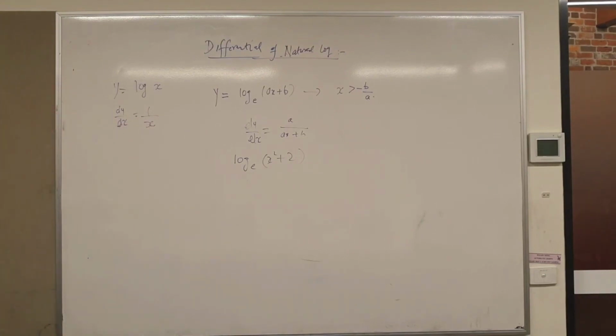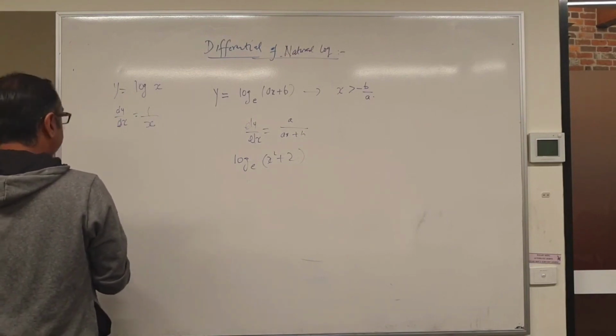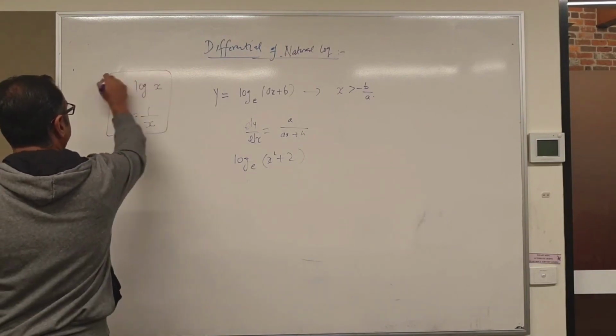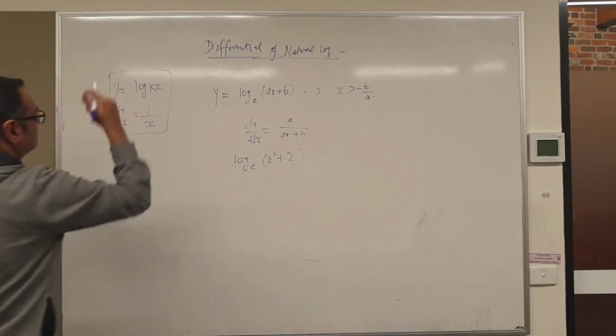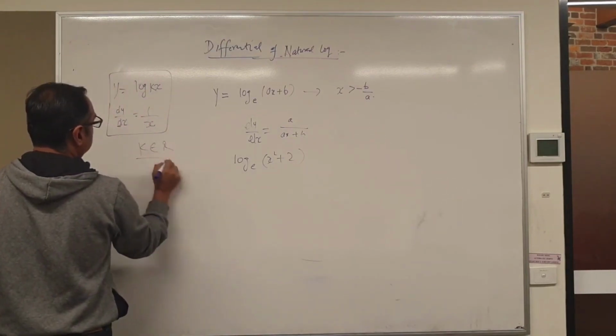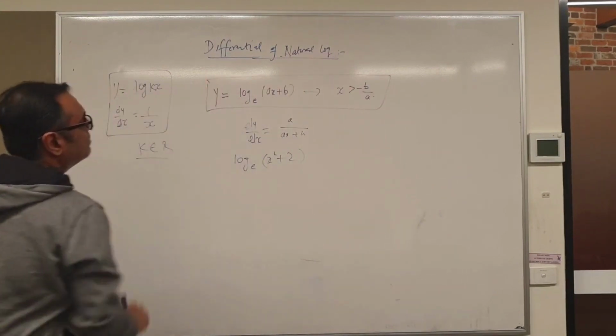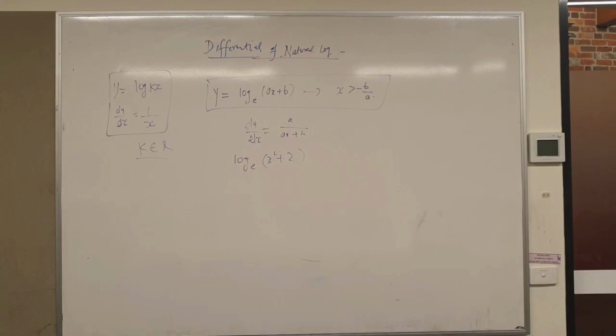So these are the two things that you need to take care of. And even if it is kx, where k belongs to all real values, these are the two important things that you need to take care of.